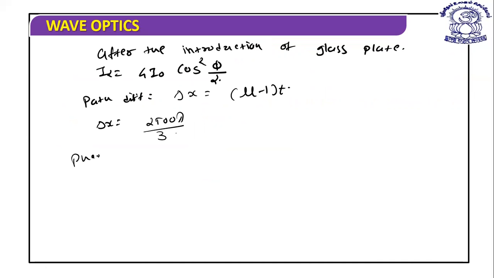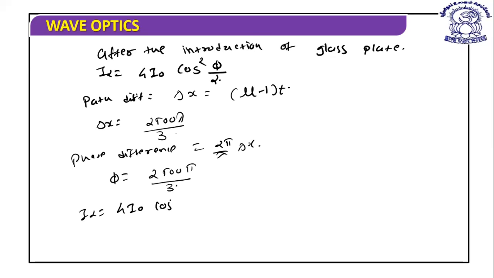The phase difference is given by 2 pi by lambda into delta x. So the phase difference will be equal to 2500 pi divided by 3. So I2 will be 4 I naught cos square phi by 2, that is 2500 pi divided by 2 into 3.